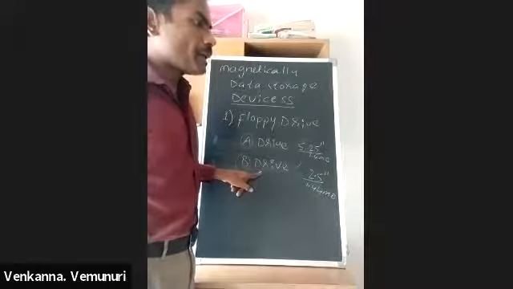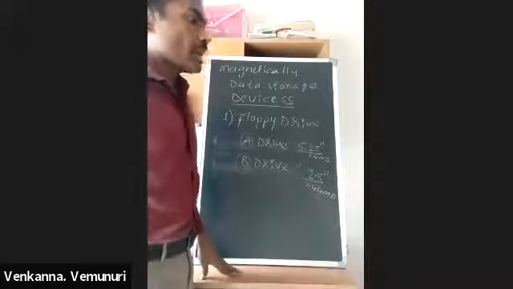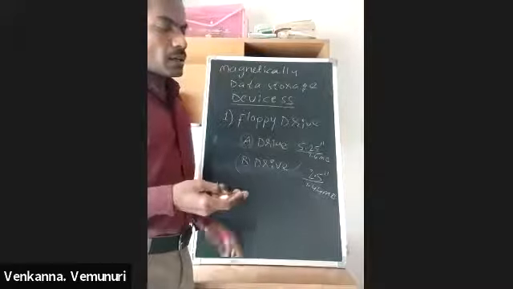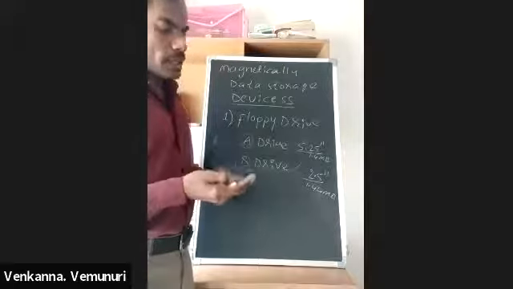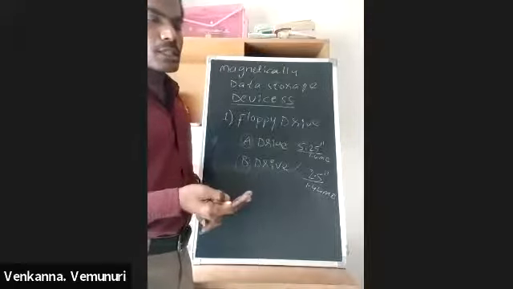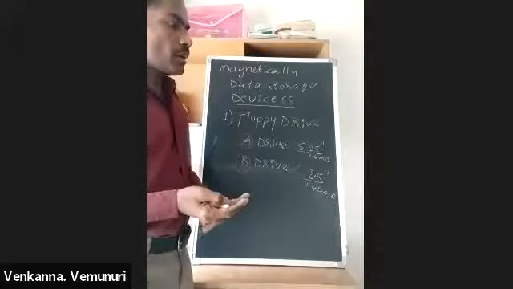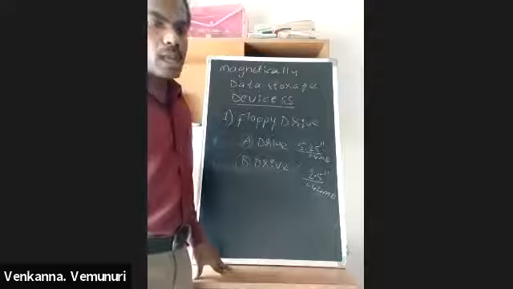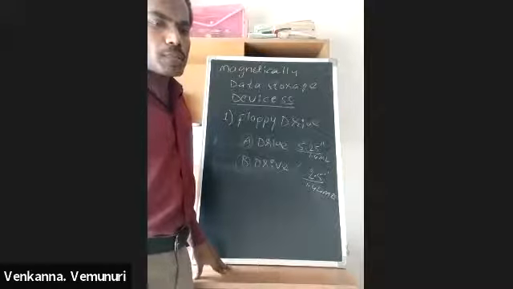In floppy B, which applications are we using? In older days, we used Lotus, dBase, and WordStar. These were the popular application software, like Lotus 123, dBase, and WordStar, just as nowadays we use MS Excel, MS Paint, and MS PowerPoint.